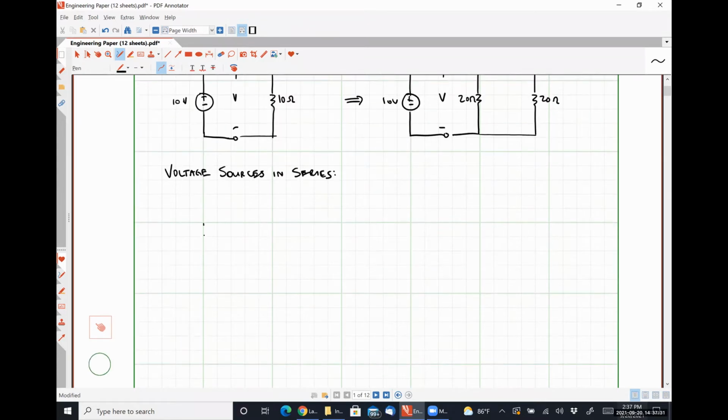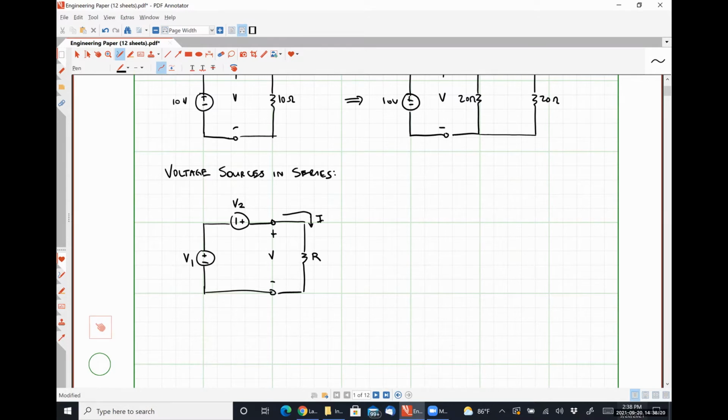So let's say that I have the following network of voltage sources, where I have some voltage V1, and then I have some voltage V2 connected to some arbitrary resistance R. The voltage drop across my terminals here will be V, and the current flowing out of my terminals here will be I. So it's the exact same situation that we had before.